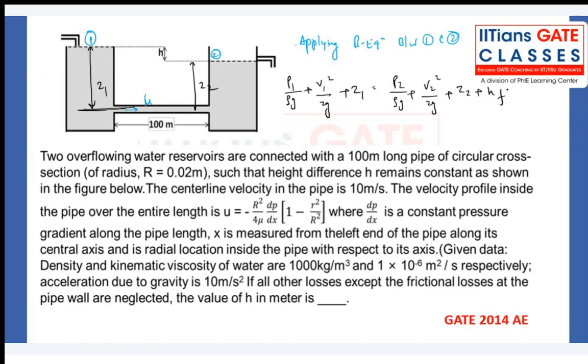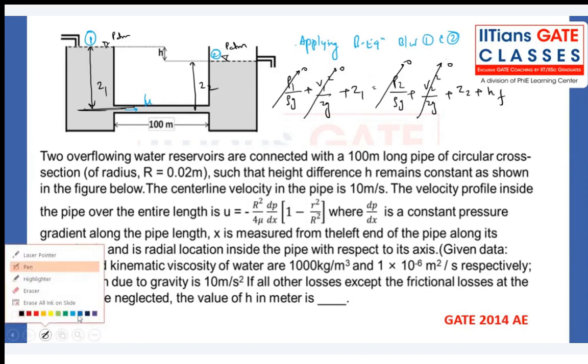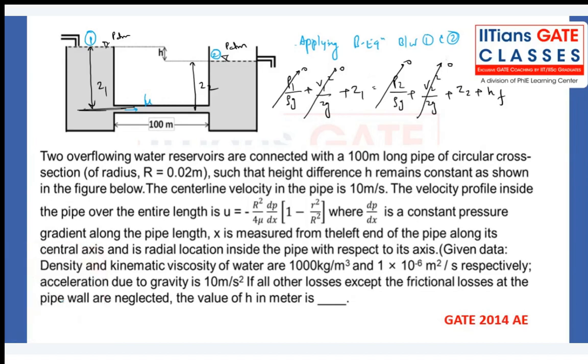P1 by rho g, P2 by rho g, both will be 0. Both are subjected to atmospheric pressure, P atm. V1 will be 0, V2 will be 0 because it is an open tank, a big tank, we can assume that the diameter of that tank is infinite. Z1 minus Z2 will be what? H, that is equal to head loss due to friction.